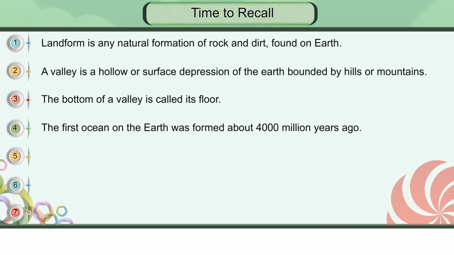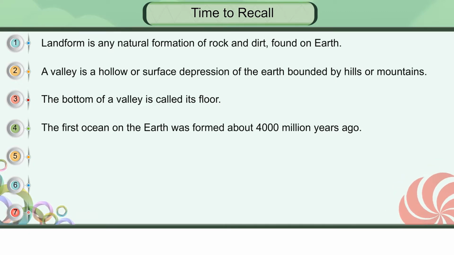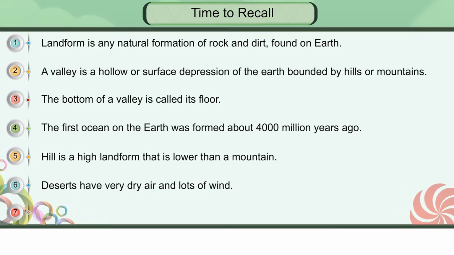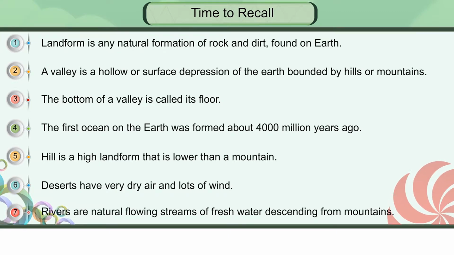The first ocean on the earth was formed about 4,000 million years ago. A hill is a high landform that is lower than a mountain. Deserts have very dry air and lots of wind. Rivers are natural flowing streams of fresh water descending from mountains.